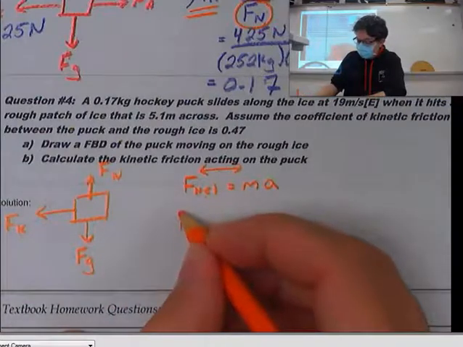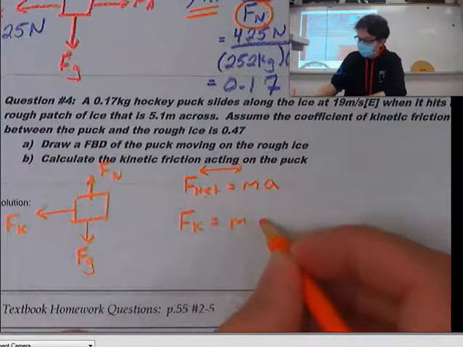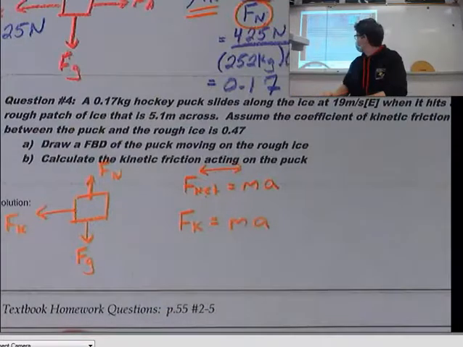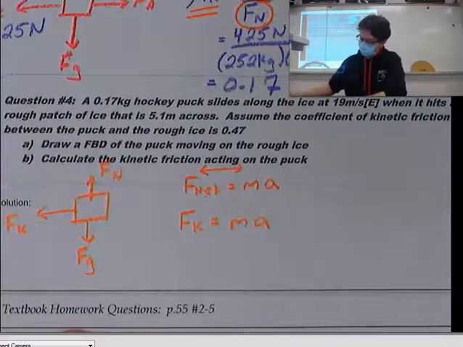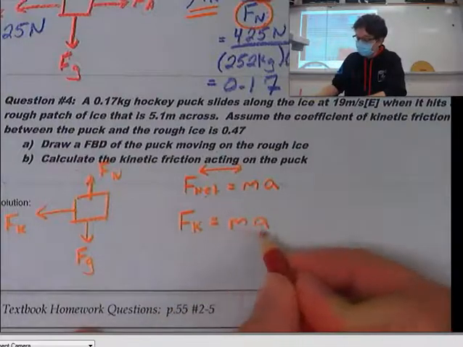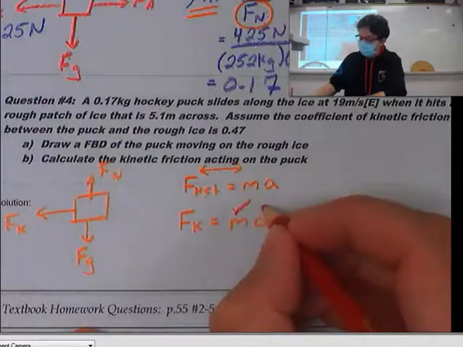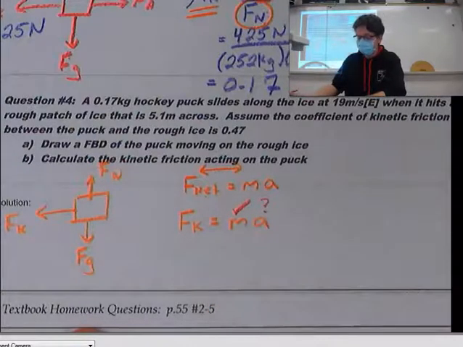So F net is going to be our kinetic friction, which equals mass times acceleration. Now it says to calculate kinetic friction. Great. Kinetic friction equals mass times acceleration. Mass we know. Acceleration we don't.